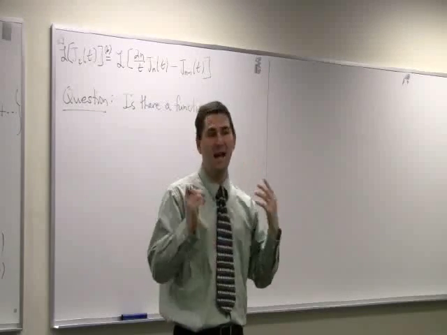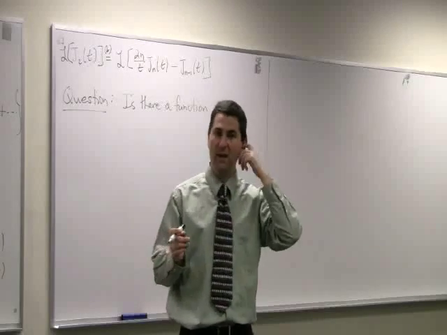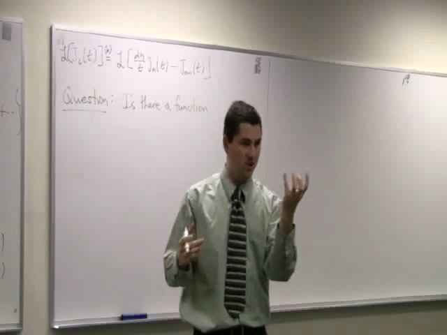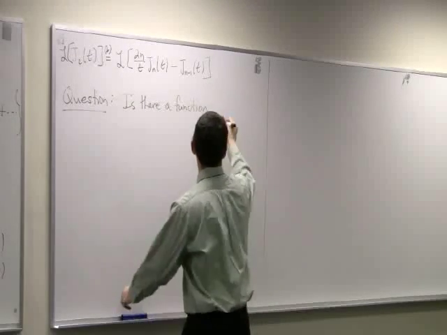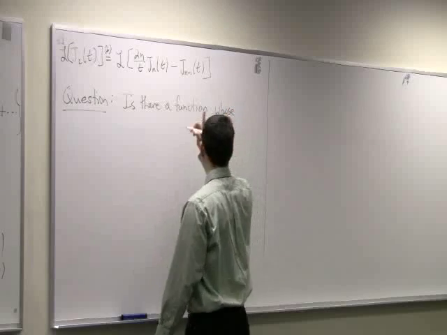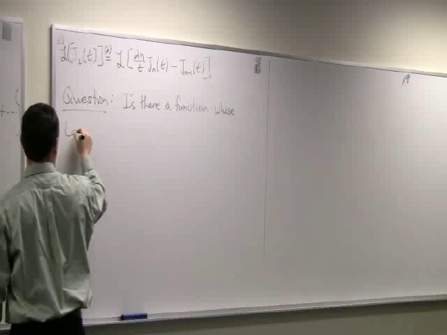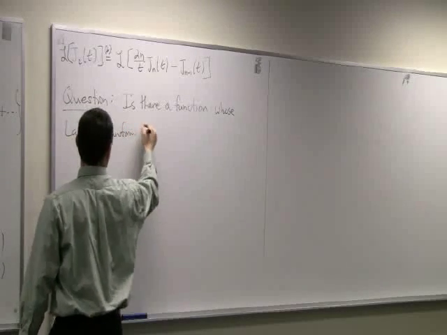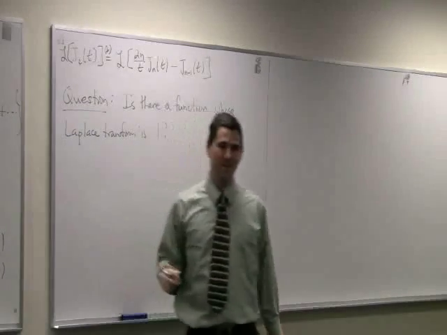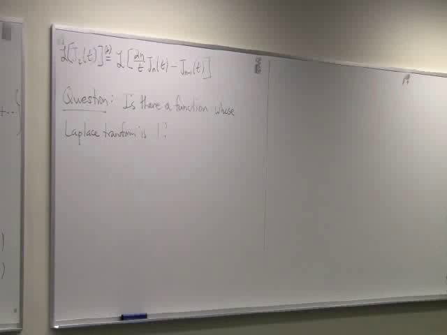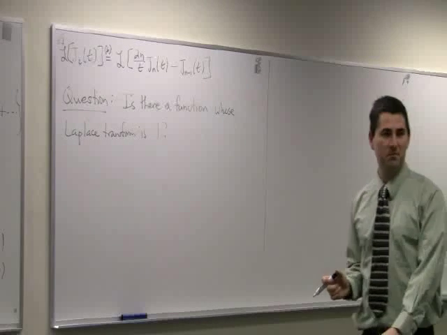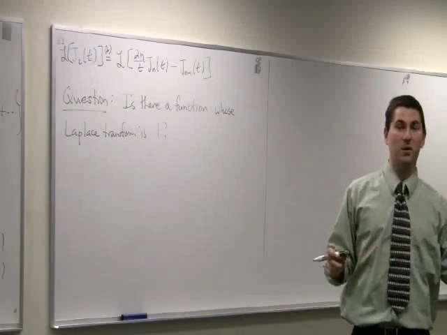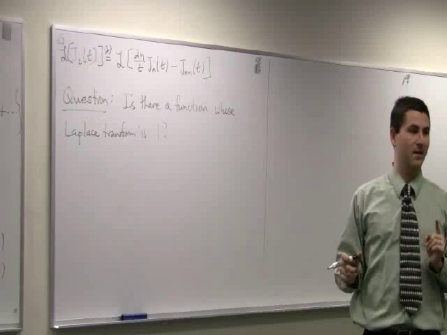Okay, so I have a really nasty function. I was sitting down, I did this thing to a differential equation, and I got L of y equals, and let me show you what the nasty function is. All right, so is there a function whose Laplace transform is 1? That was my nasty function that I got. Not 1 over s. If it had been 1 over s, where would it have come from? 1.